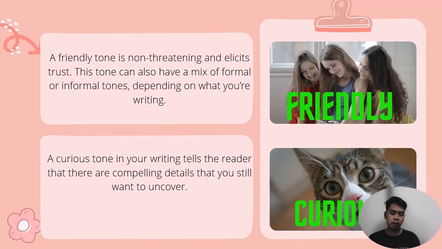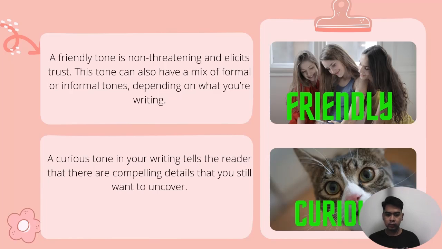Here are examples of a friendly tone: Esther gave me a cheerful thumbs up from behind the curtain. What a sweet puppy! And the last example is, happy birthday, buddy! That is an example of a friendly tone.